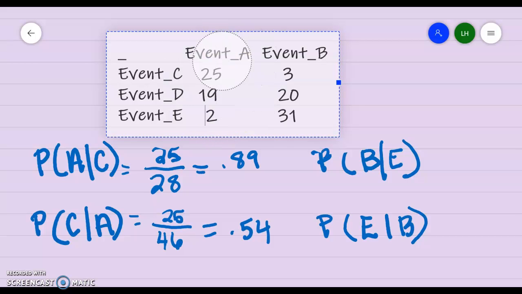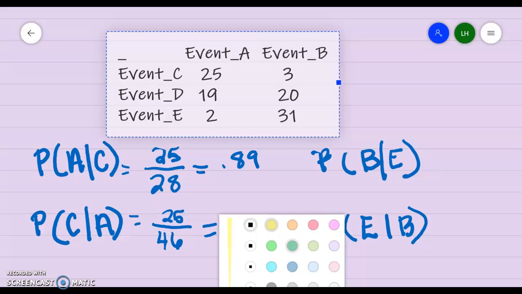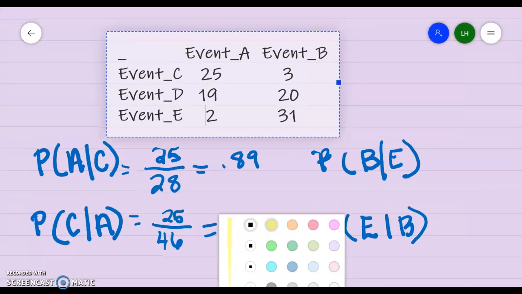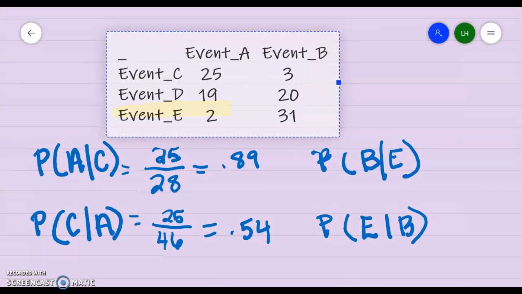All right, looking at the next one. The probability of event B occurring given that event E has occurred. So event E, we're only looking at event E here. The total number of outcomes is 33.